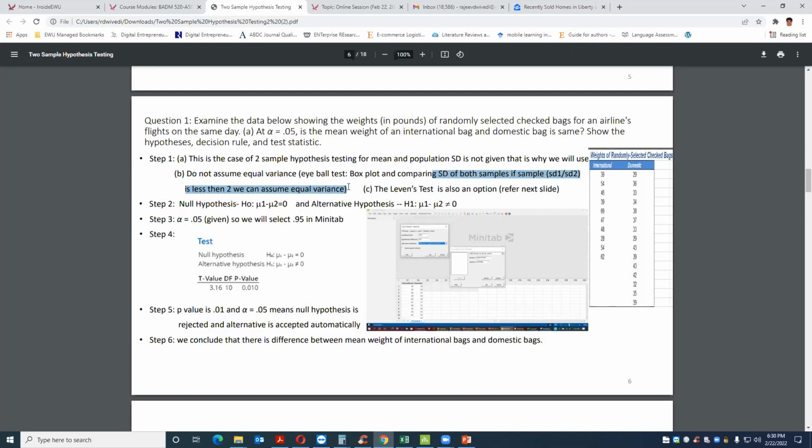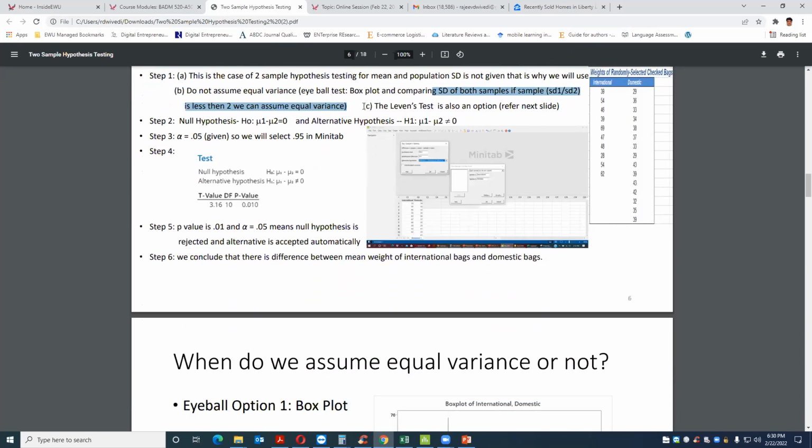I'm just sharing, it is not given in the textbook. And then second, Levene's test is also an option. So the null hypothesis is this, the alternative hypothesis is this for this question, at 5%.